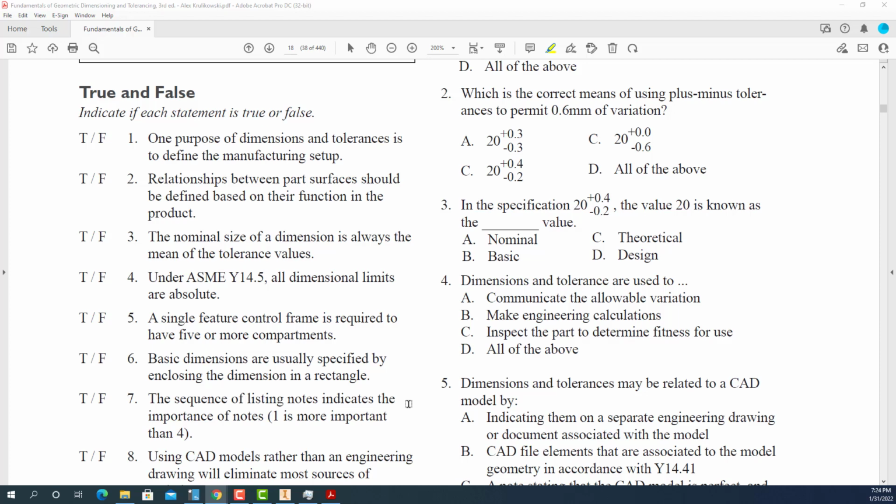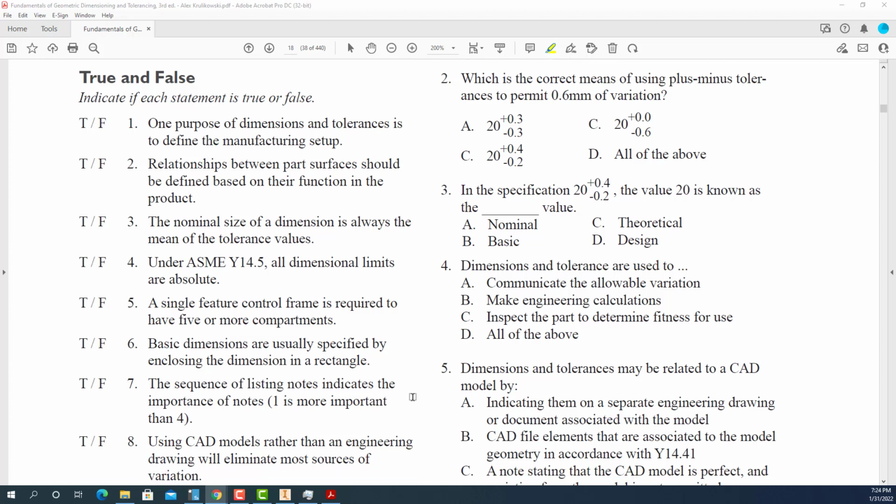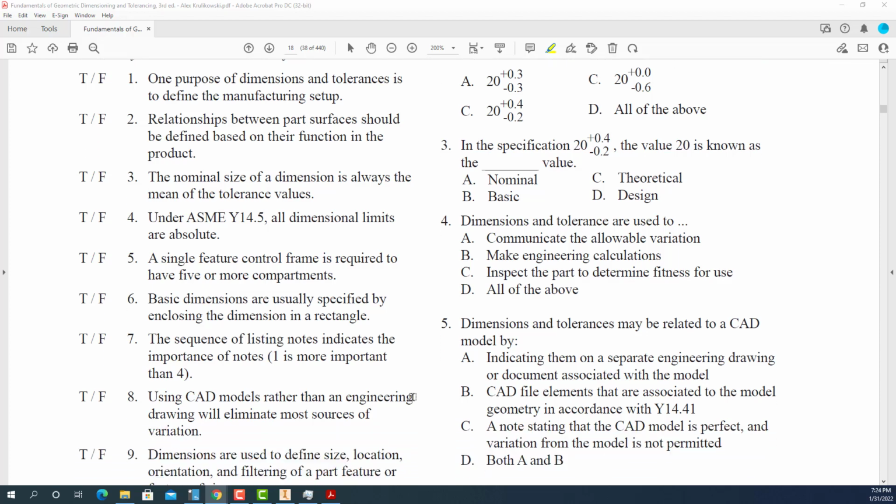So in essence, the standard does not tell us that we have to do that, because that is a matter of opinion. Someone's opinion could be different than someone else's. As long as everything makes it into notes, it's fine. That's right. So number 7 is false.